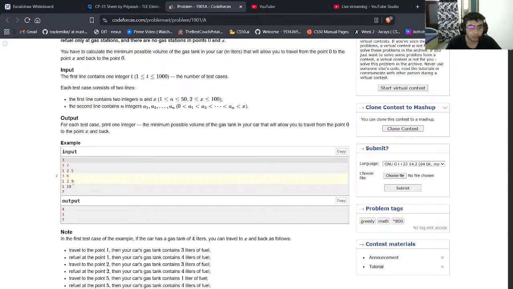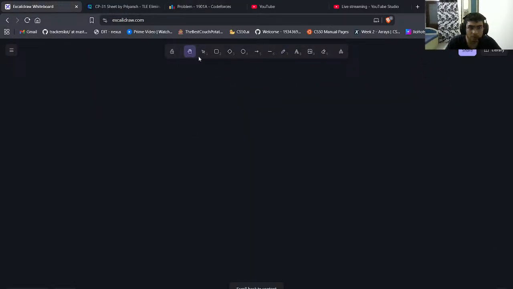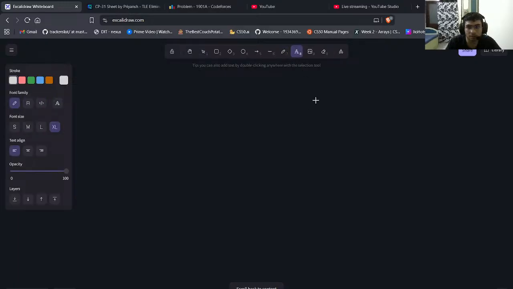We need to calculate each and every distance from 0 to this, to this, to this, that to that. Now let's just try to visualize how, like, write a pseudocode.